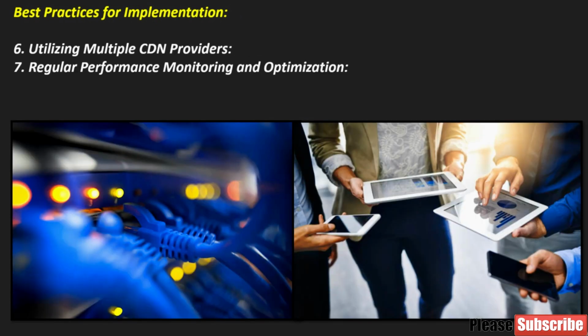So what are the best practices for implementation? Starting with utilizing multiple CDN providers. To further enhance resilience and performance, consider utilizing multiple CDN providers. This multi-CDN approach can provide redundancy and ensure consistent service even in the face of disruptions from a single provider. We also need to focus on regular performance monitoring and optimization.